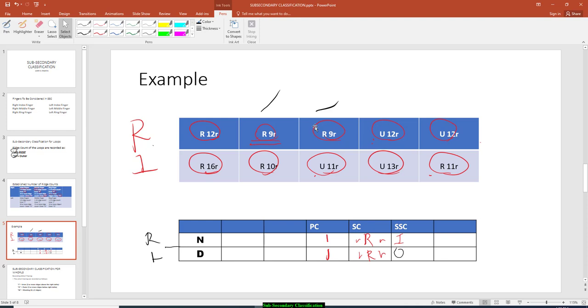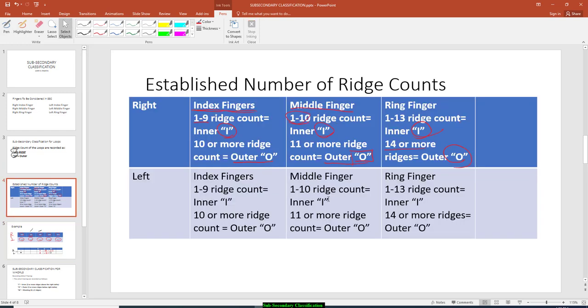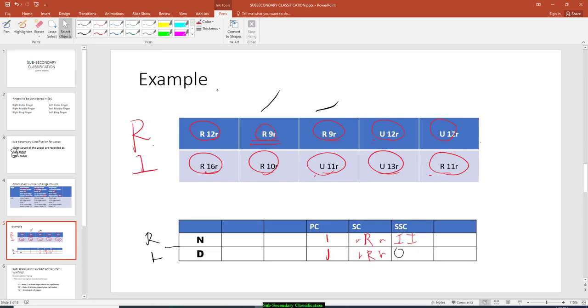But under middle finger, 1 to 10 ridges will be I. So this will still be capital letter I, inner. How about the other one? The left hand. Let us go back again. Left hand, 1 to 10, I, 11 or more, outer. So it will be O. Okay? So we are done here.